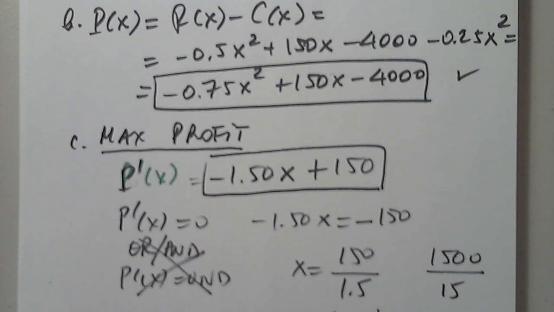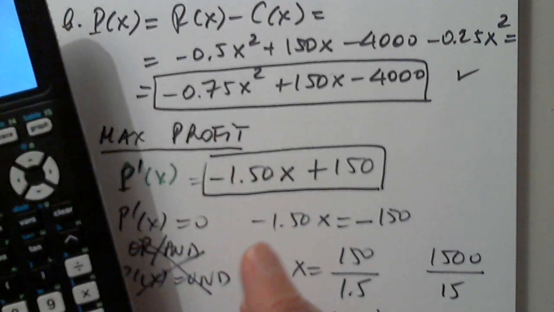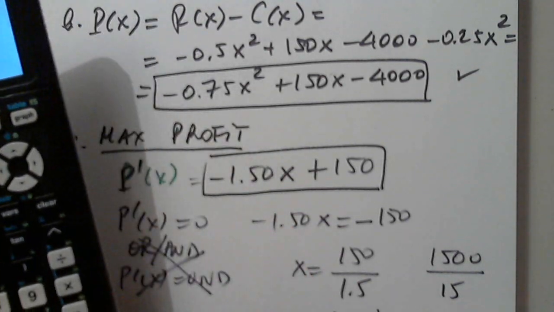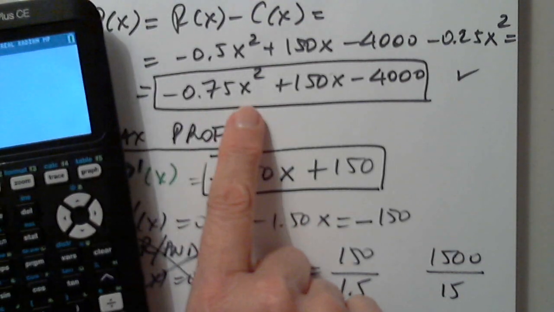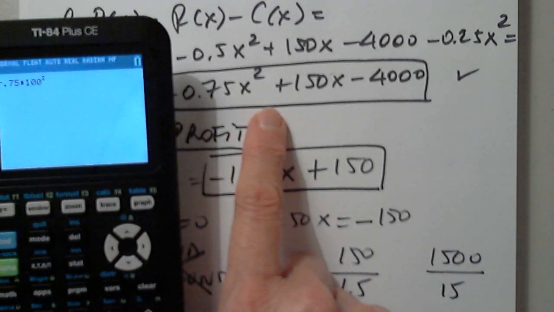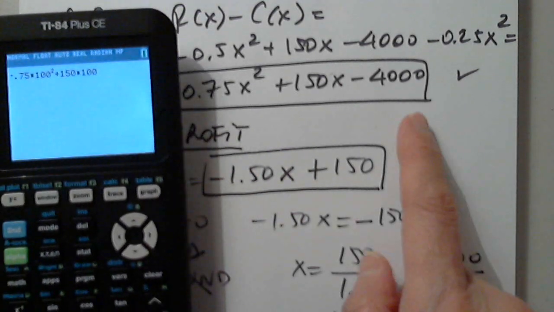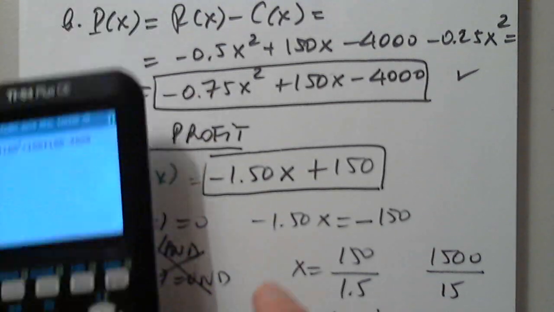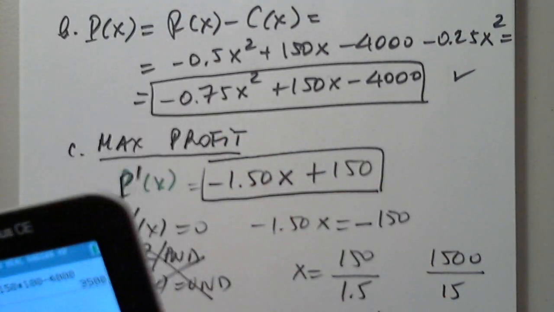It's just a number thing, which I shouldn't even do with a calculator, but let's say negative 0.75 times 100 squared plus 150 times 100 minus 4,000. We plugged into the profit function, and I got 3,500.